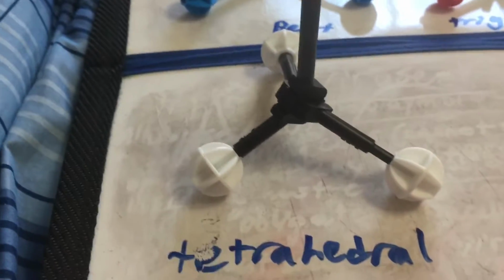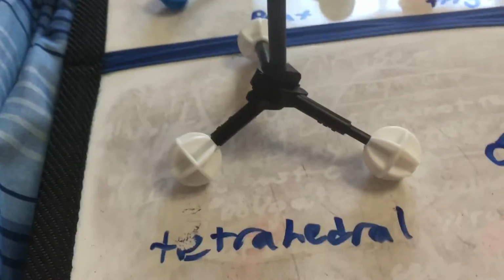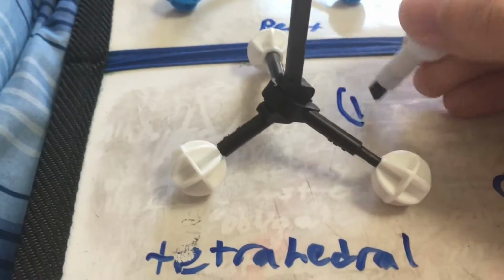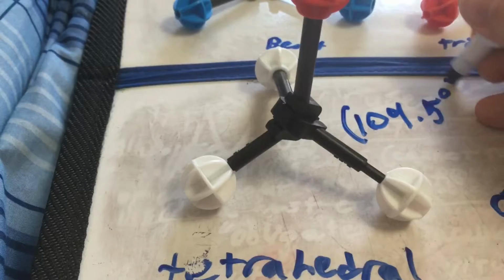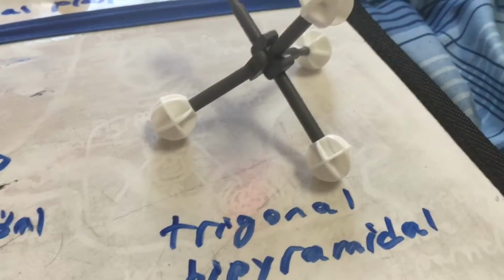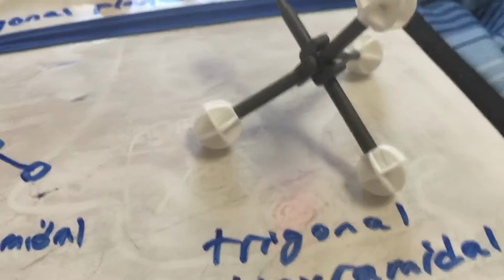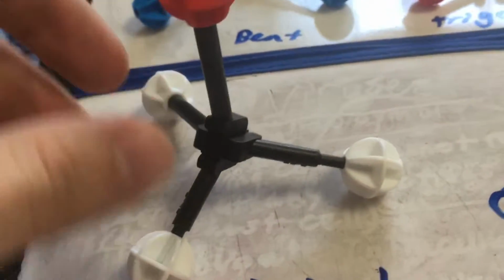So that's the difference between pyramidal and tetrahedral, which is bonds throughout. It's also important to note that tetrahedral also has bond angles of 109.5 degrees. Next we have trigonal bipyramidal, which is, try to imagine tetrahedral, except then you add another bond on the bottom and it sticks out.